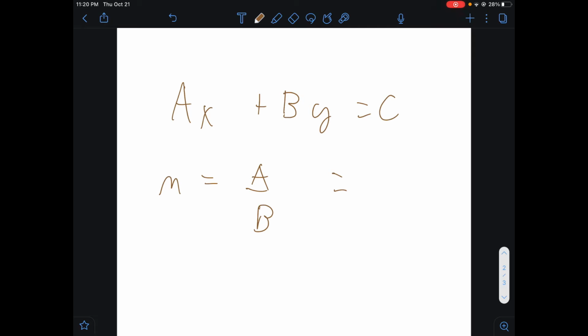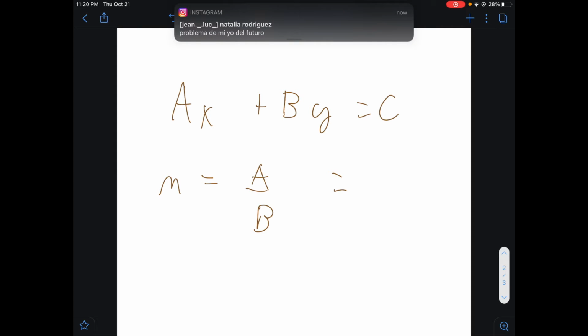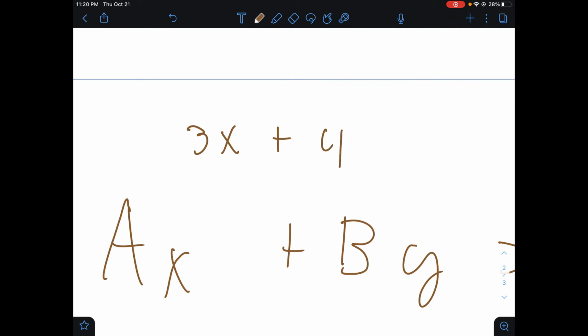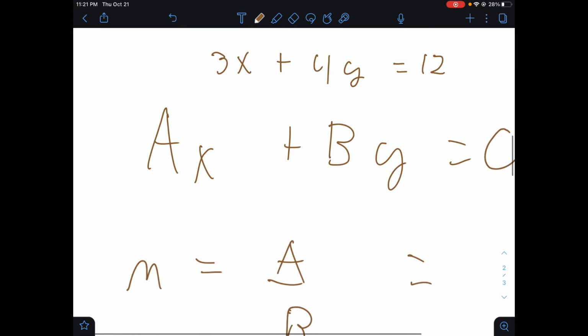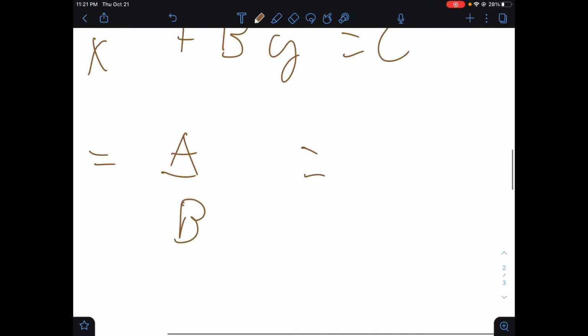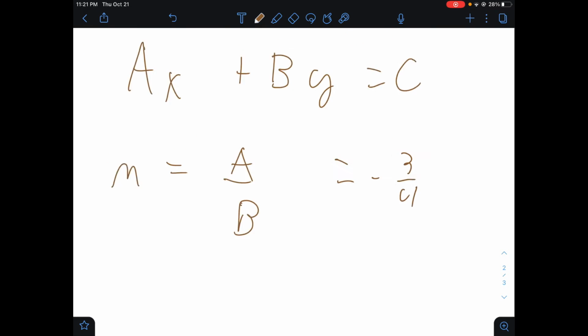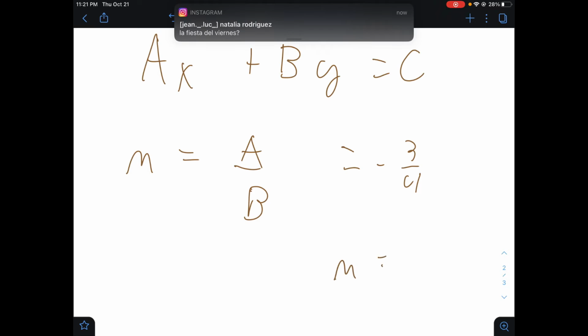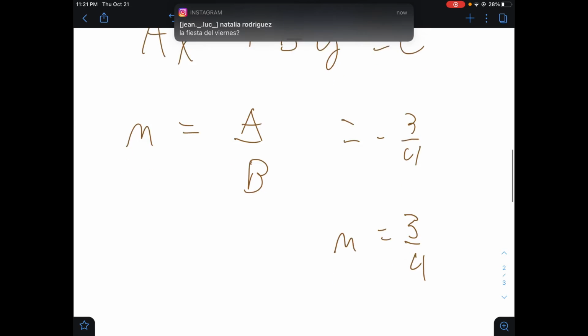The equation was 3x plus 4y equals 12, so I'm gonna get the 3 and the 4 and put negative 3 over 4. That's how you would get the same answer: m equals negative 3 over 4.